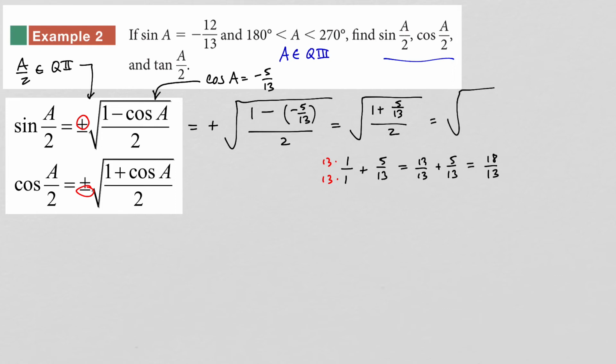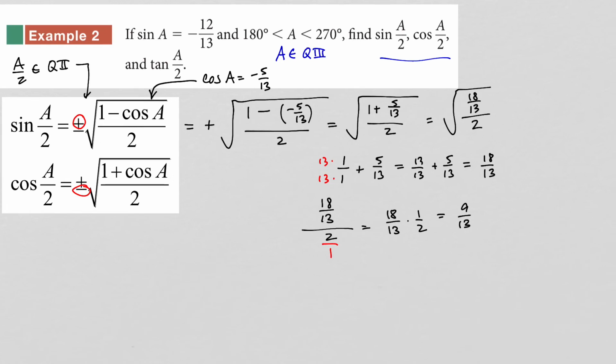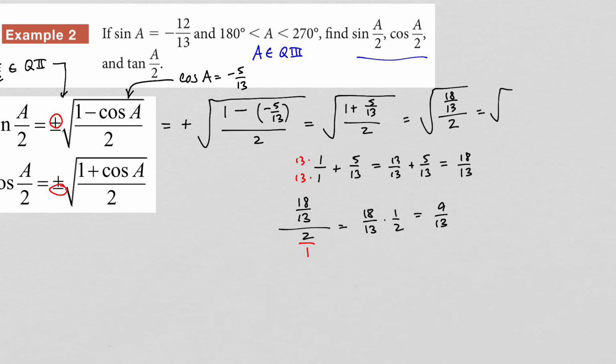So this becomes the square root of 18/13, all divided by 2, and 18/13 divided by 2, remember, you multiply by the reciprocal, and that is going to give us 9/13. So what we have in the end here is the square root of 9/13.